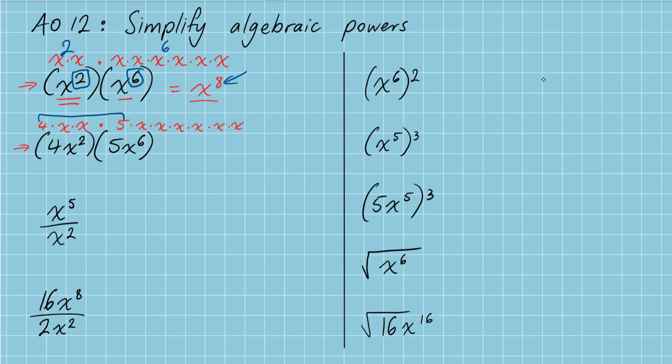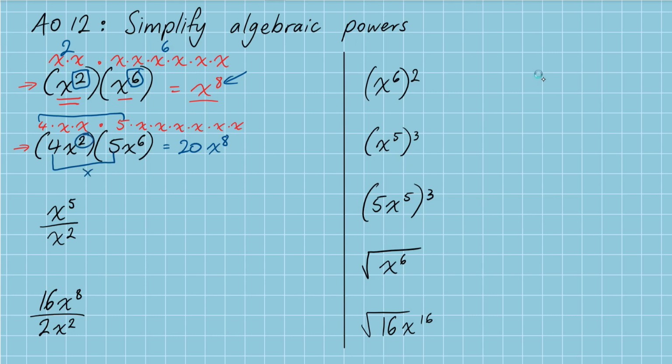these guys first. What is 5 times 4? I mean, we can rearrange this. We can put them next to each other. It's no problem. What's 5 times 4? That is 20. Okay, and how many x's have I got now? Well, I've got 8. I'm sure some of you have already counted that. So, there's my answer. I have multiplied these guys together. That makes sense.